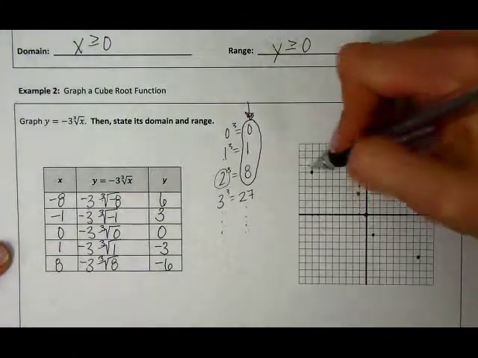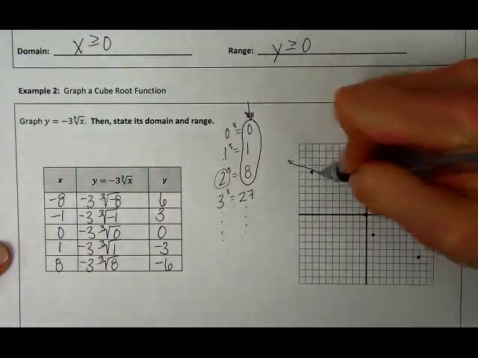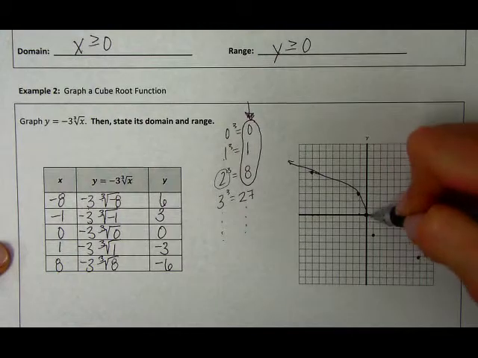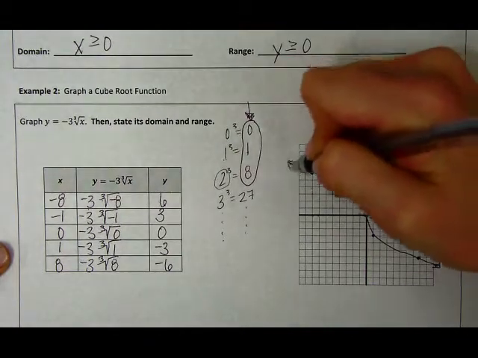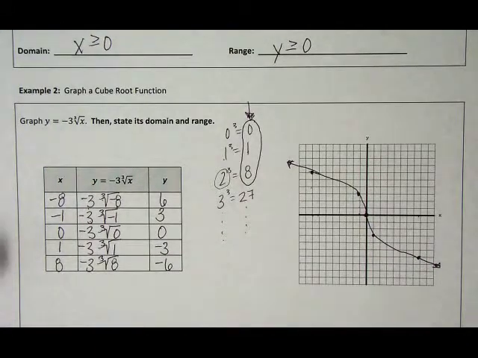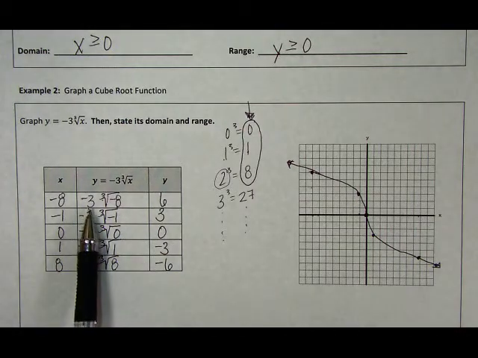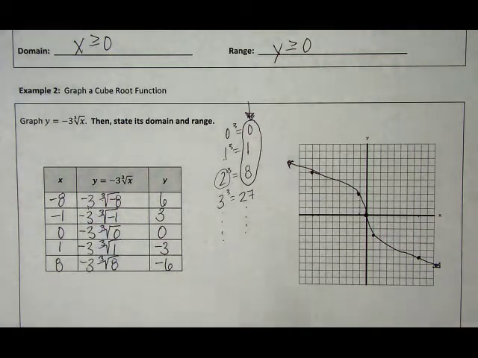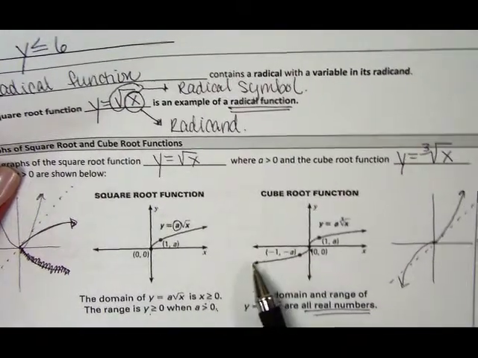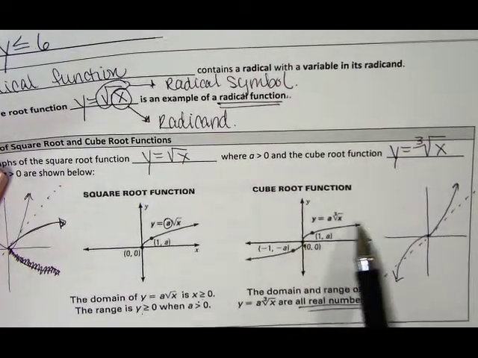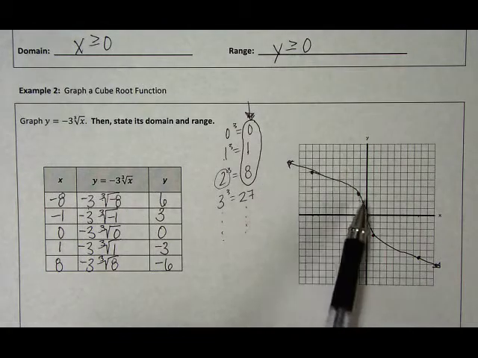If I connect my points with curves, I get the cube root graph. It looks just like that. If you notice, because I have a negative leading coefficient here, my graph is going to be the flipped version of my original. Instead of going from quadrant 3 to quadrant 1, I'm going from quadrant 2 to quadrant 4.